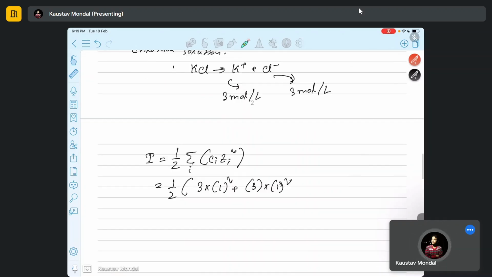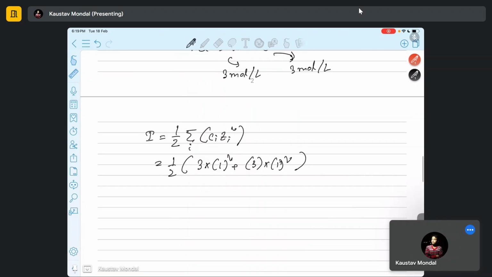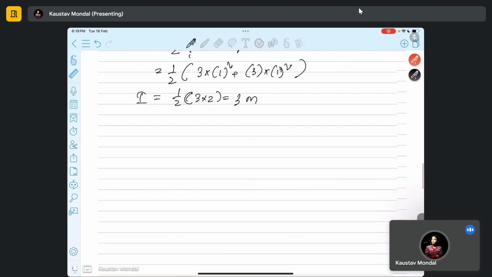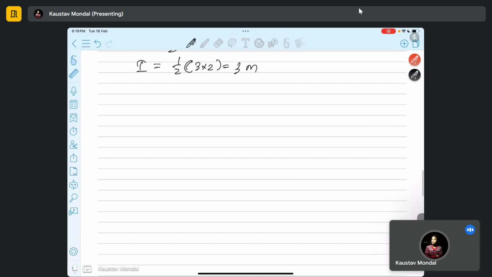So the Z would be 1 for both cases. The charge is 1 unit, right? So this is simply half into 3 into 2. So I will be simply 3 units. Okay. So this is how you have to solve the problem.